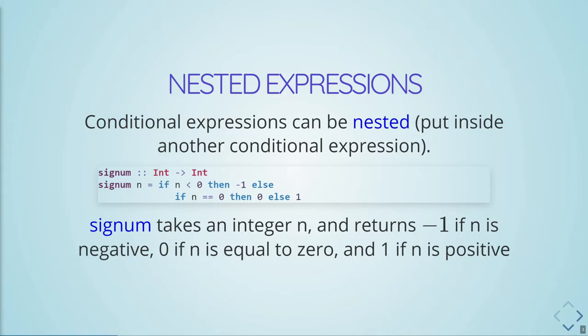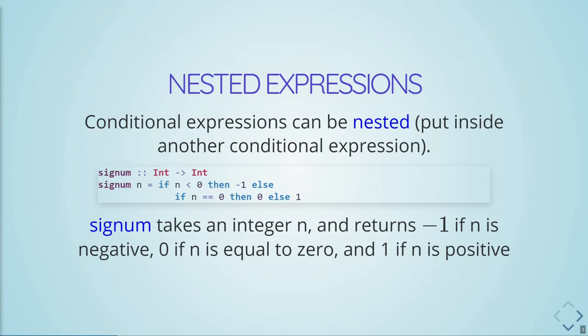Usually a standard if can test one condition, and then on that condition give two different possible answers. So you'll notice that in order for signum to work, there's three different possible answers, three different scenarios that it can return here. So we're going to need an extra if inside of the initial condition.